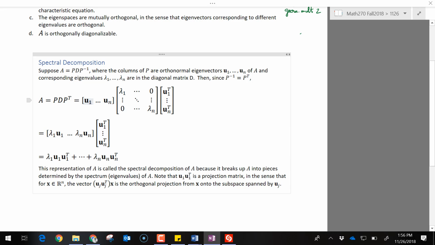now P is going to be a collection of column vectors u1 through un, and then P transpose, which is P inverse, is those same collections.